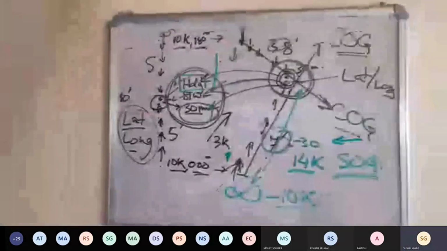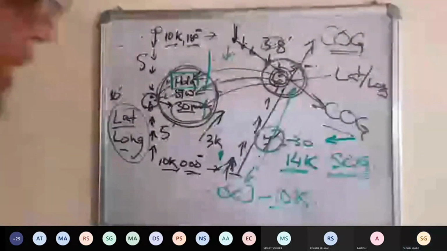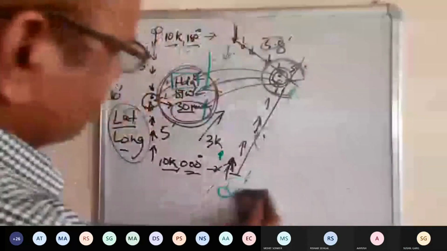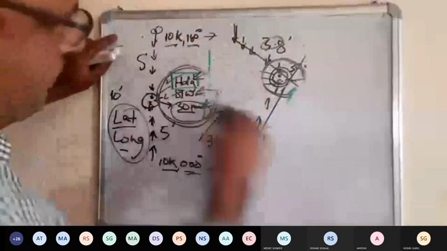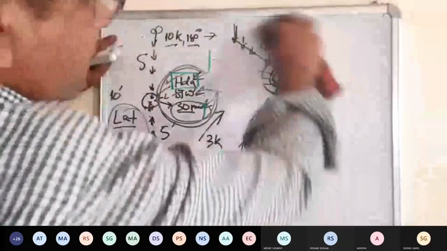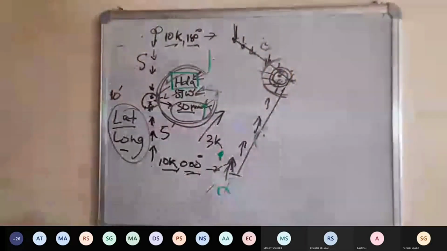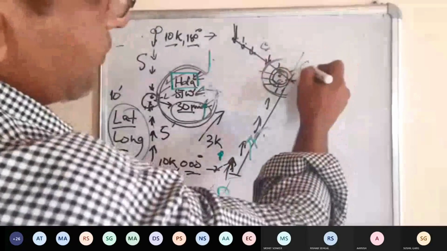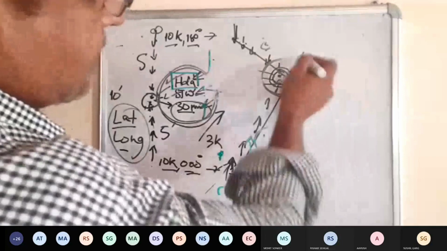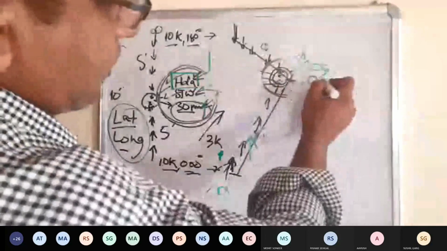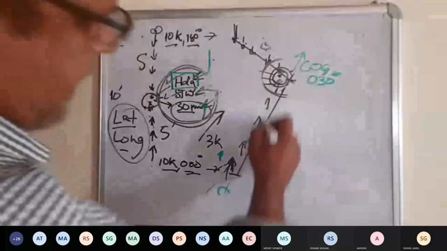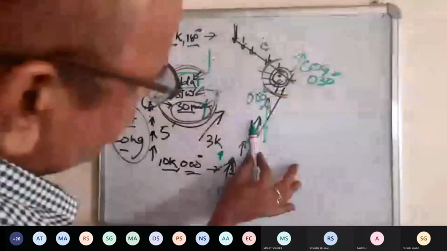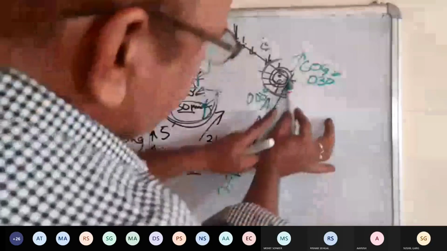Now in the same situation, suppose that you have been moving in this direction like this. Your COG here is now something like 030 degrees, although heading is 000. Your heading is 000 but the current is pushing you along.